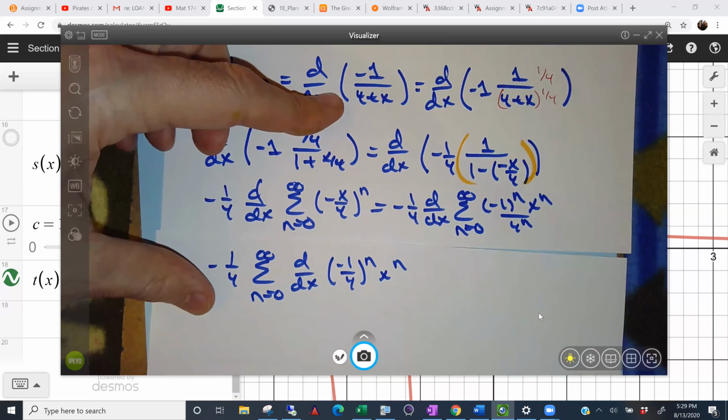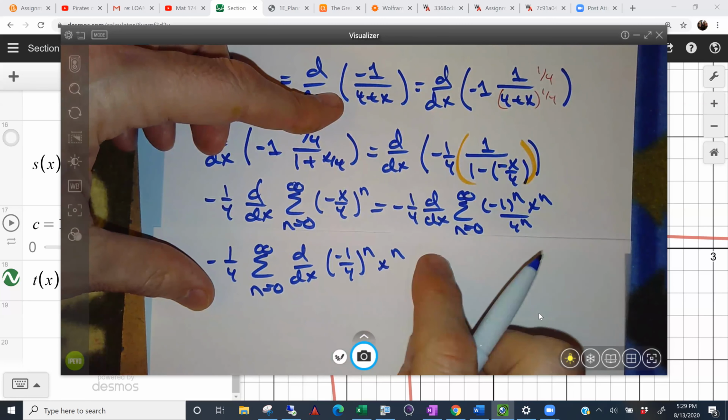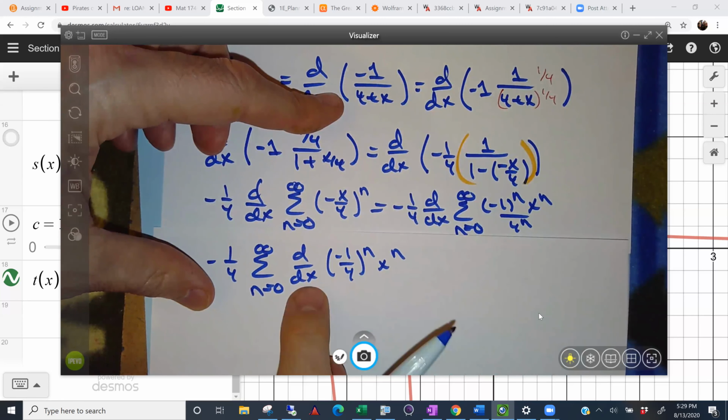But the derivative of x to the n is just going to be n times x to the n minus 1. This part is invisible because it's a constant. It's not a variable with respect to x. It's just a constant.